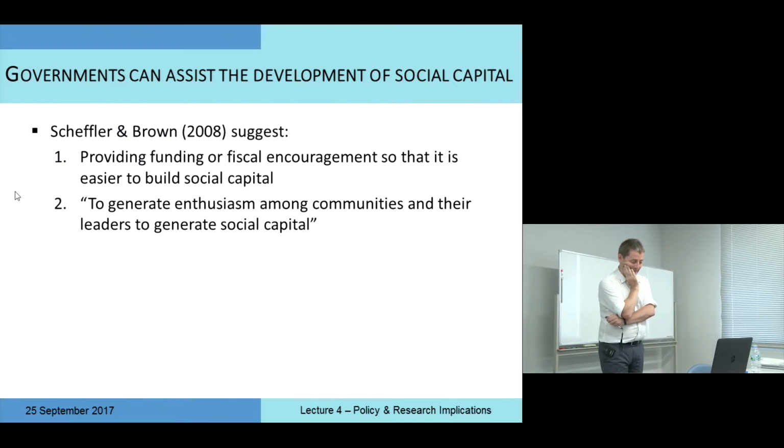But I might get the point that if you can get local communities to be much more enthusiastic about things and believe in the value of these activities, then you would hope to get more of these activities. I just don't quite see how governments can encourage this, but I'd be interested in your views.